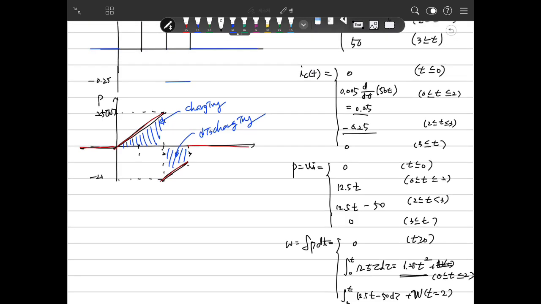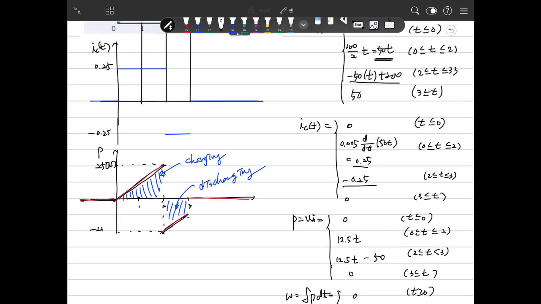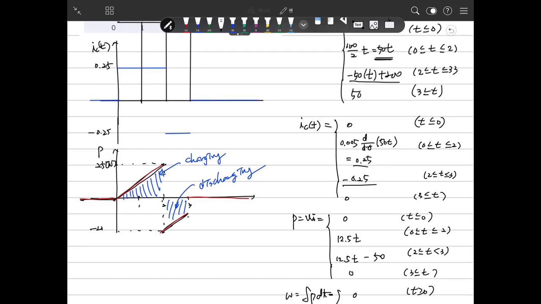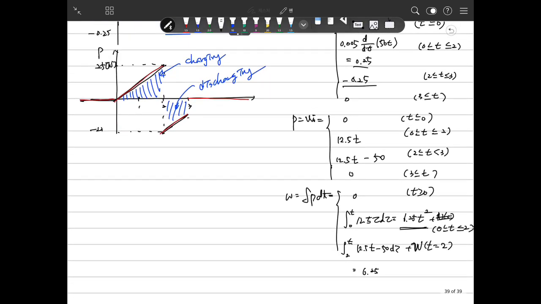But actually, because we have to do here 2.5t² − 50t, and this is 0.t and here from the 2 and plus w2.